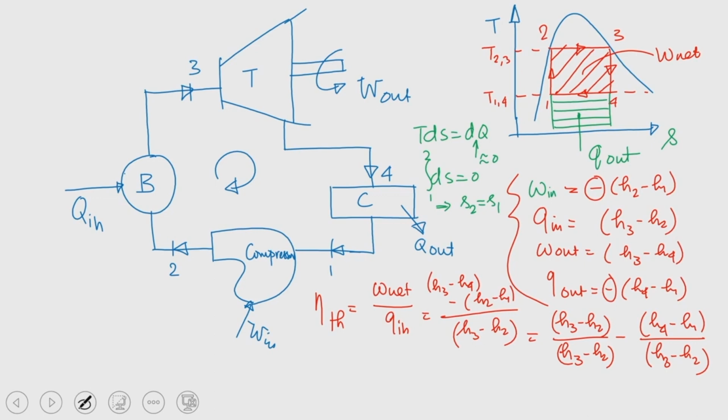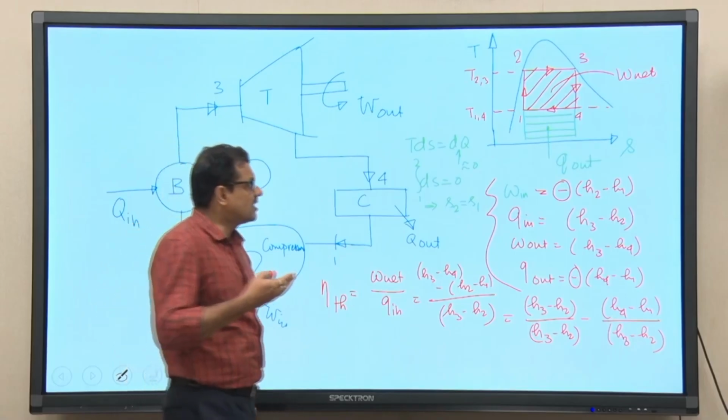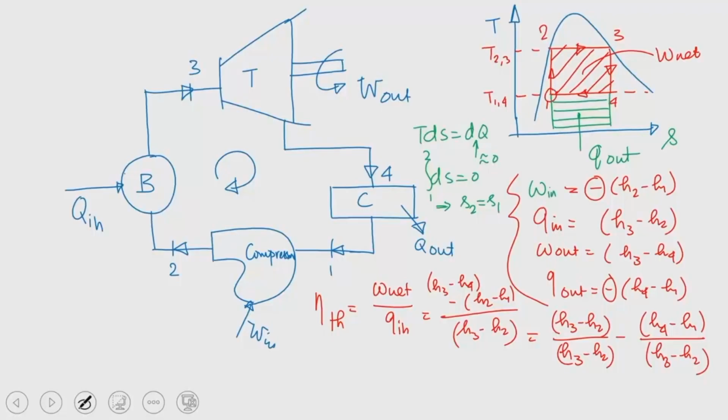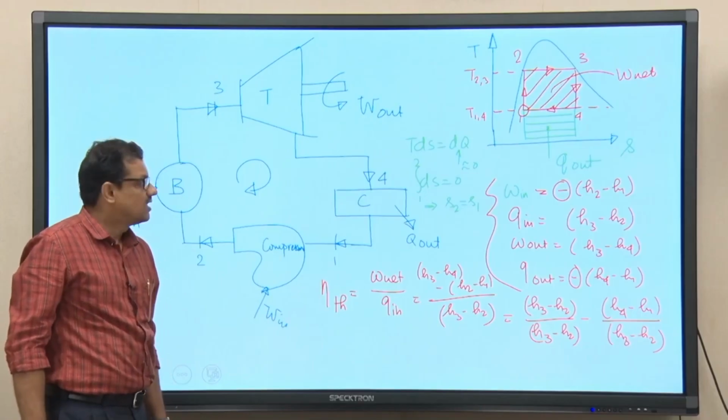You know that the compression process starts from state point 1 and ends at point 2. The process starts at point 1, which is the two phase mixture, so basically the compressor needs to handle a two phase mixture corresponding to this state point 1, I mean the quality of this two phase mixture.